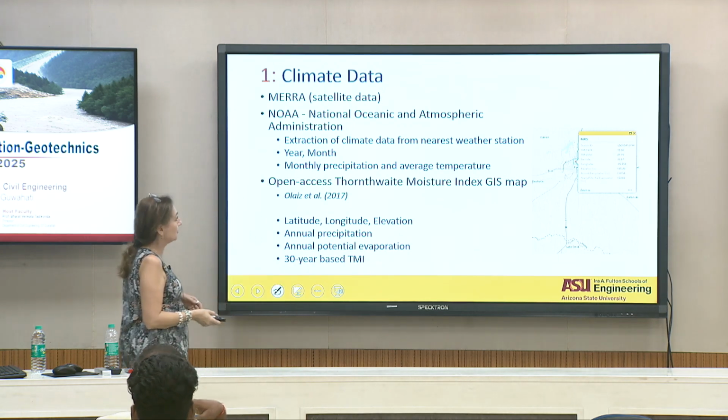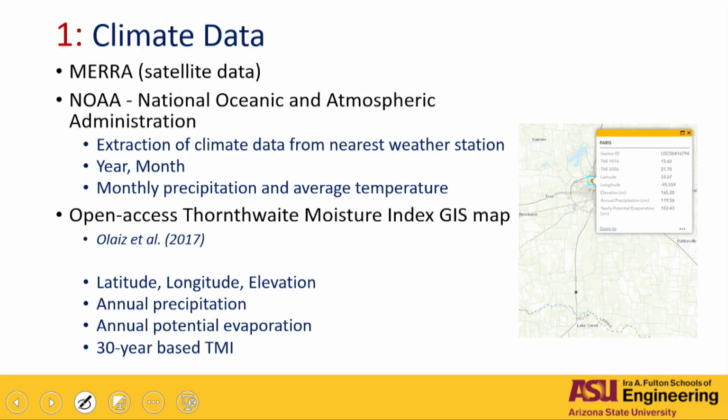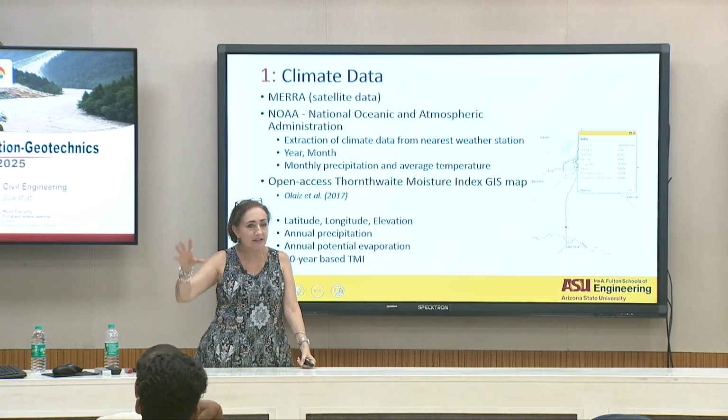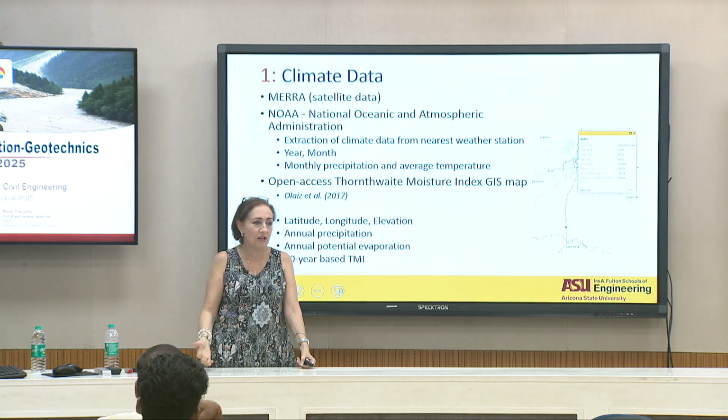We extracted data from the nearest weather station that we needed for a particular project or road, right? And we included year, months, monthly precipitation, and average temperature. And why did we go for monthly and not for daily or hourly? Well, because expansive soil takes time to respond to that.